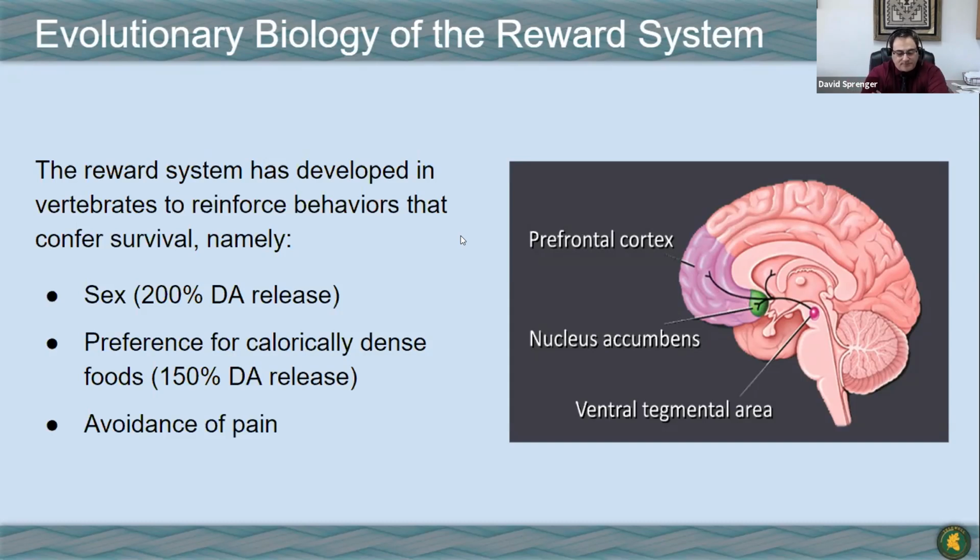It's been shown that procreative activity increases dopamine by about 200% over baseline. And then calorically dense foods, or things that you like particularly, very tasty, those can increase dopamine by 1.5 times over baseline.